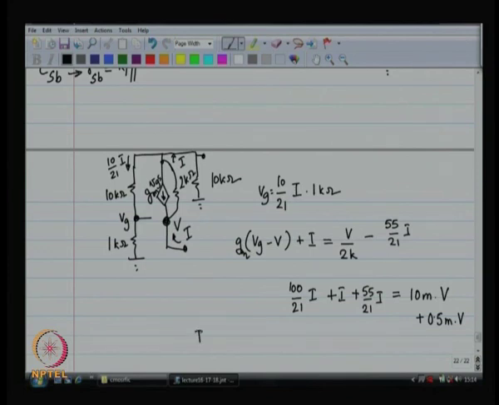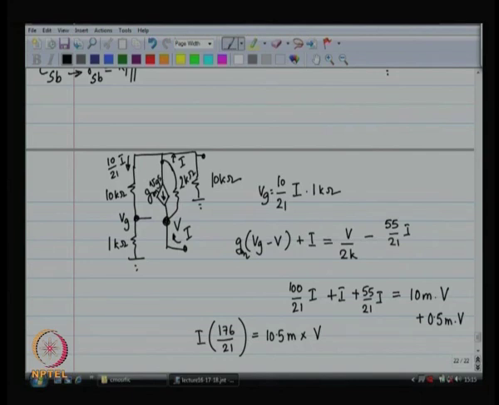So that basically tells me that I times 155 and 21 is 176 by 21. Hope I'm doing my arithmetic correctly. Okay.